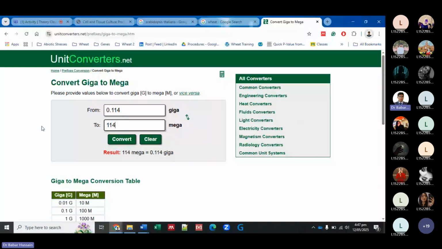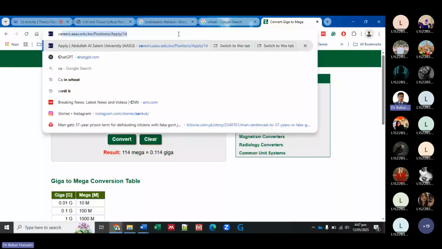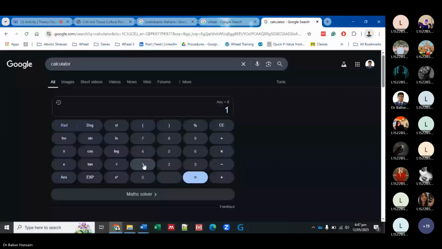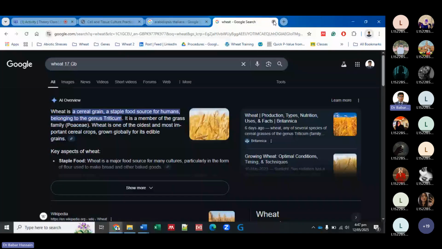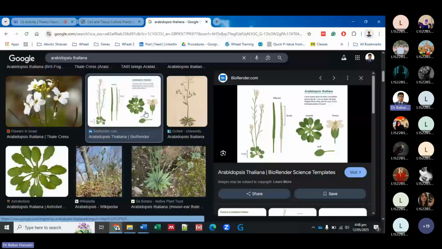So 17 divided by 0.114 gives 153, right? So it means that the genome of bread wheat that we use for making bread in Pakistan and various parts of the world is 153 times bigger than Arabidopsis thaliana.